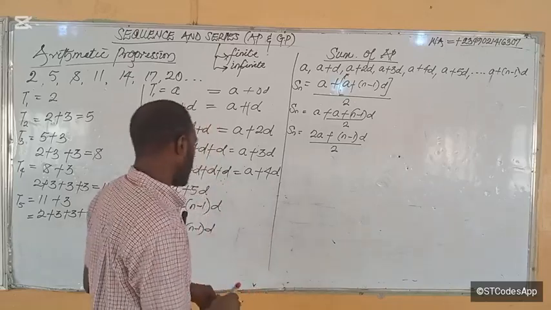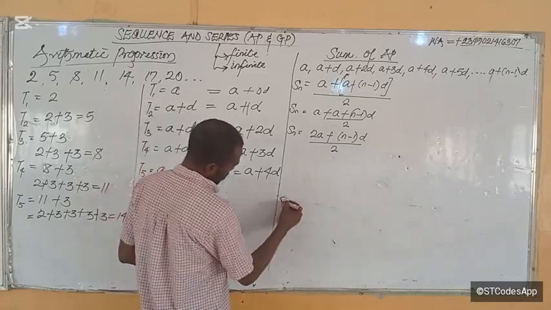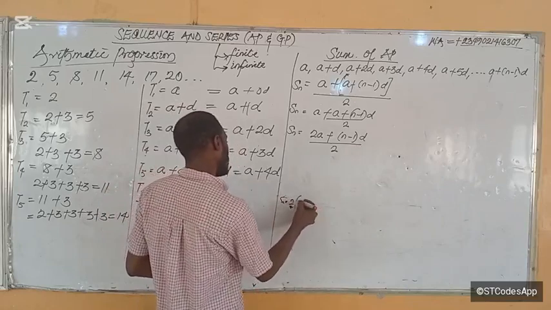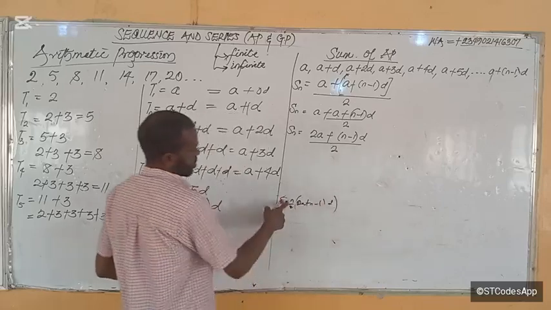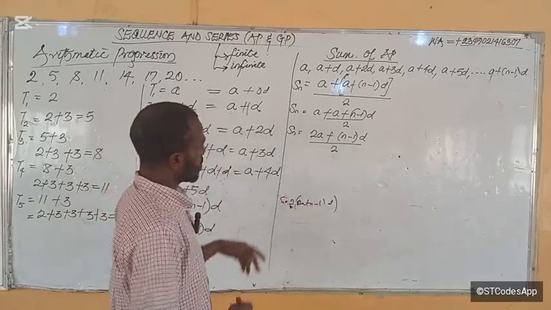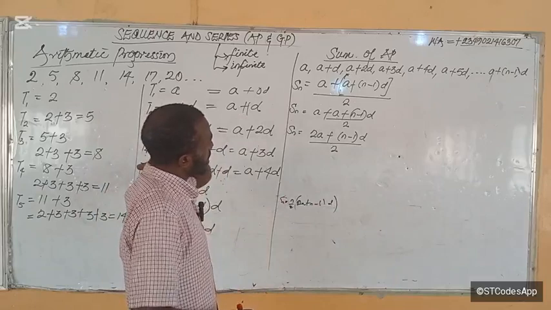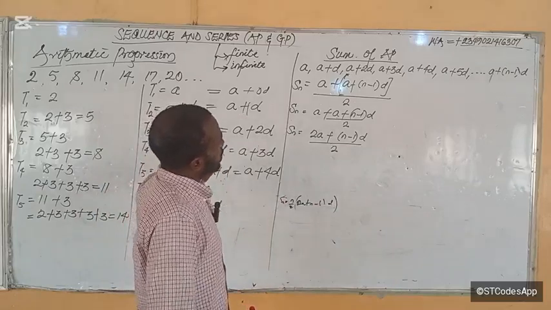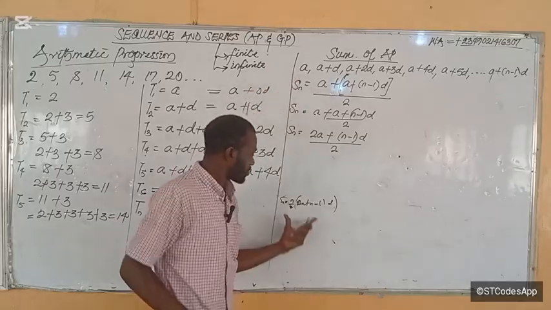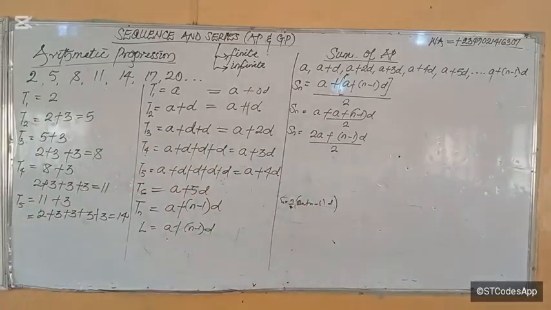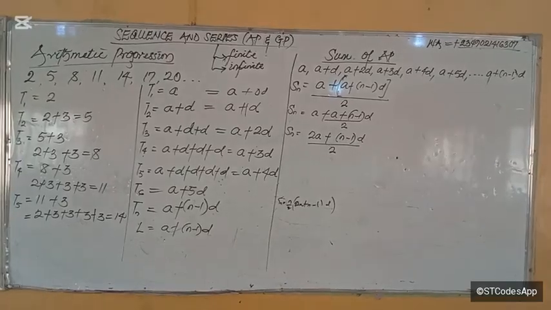The formula for the sum is Sn equal to n over 2 bracket 2a plus (n minus 1)d. So I'm missing out the n. How did that come in? Please let me quickly derive this again.